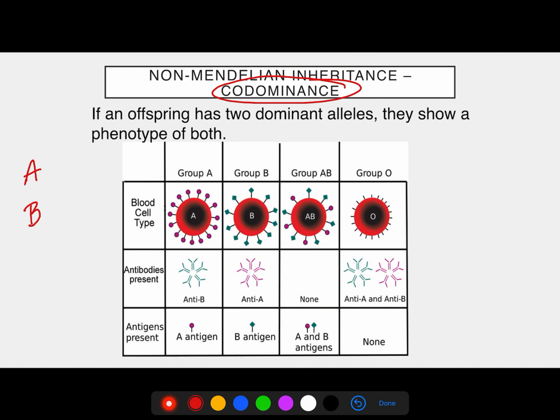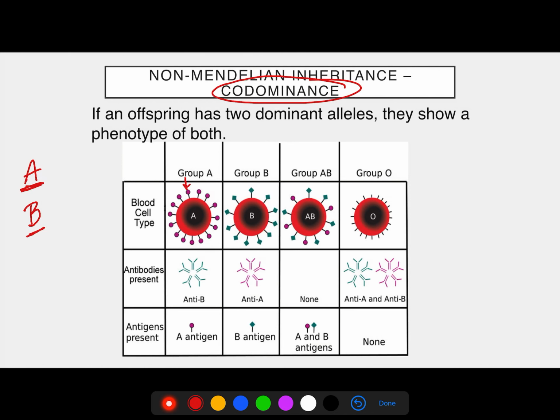Your blood type will be dictated by what kind of protein is built on the outside of your red blood cells. If you have the dominant A gene, then you're going to put these specific proteins on the outside of your red blood cells. In this drawing, they look like little lollipops or spheres on the end of a little stick.